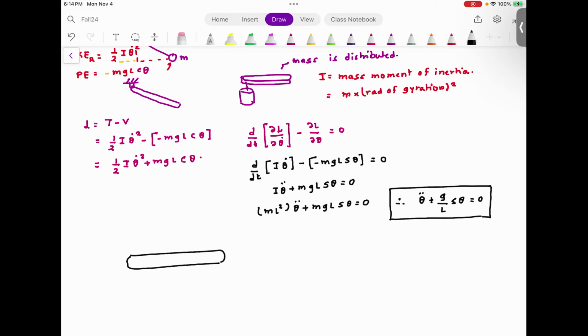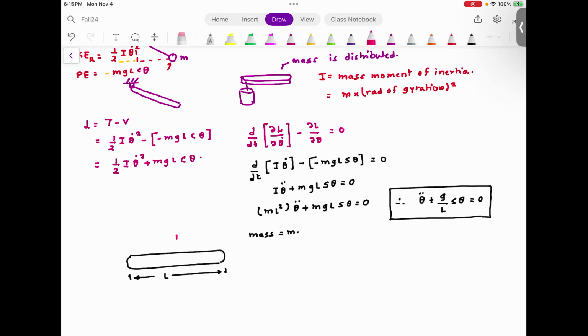Now, let me solve a very simple problem wherein I have a slender rod. The length of the rod is L, and the mass of the rod is M. This whole mass is distributed across the length. Let's try to find the mass moment of inertia.